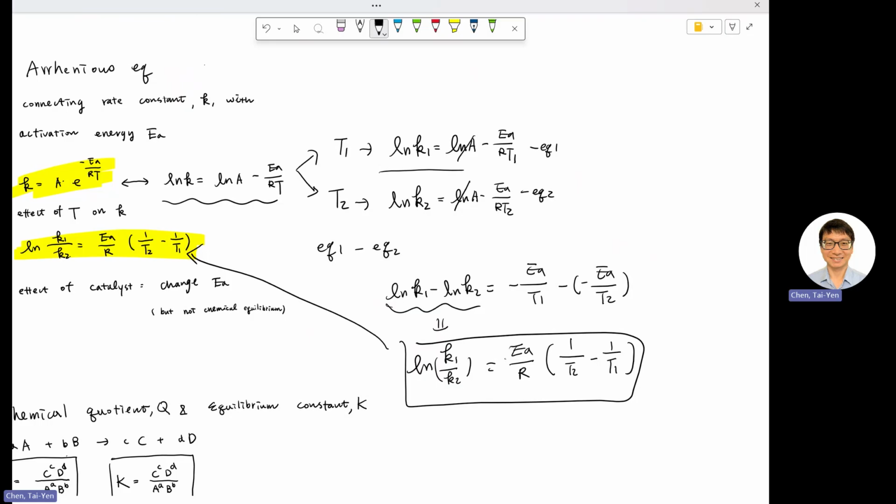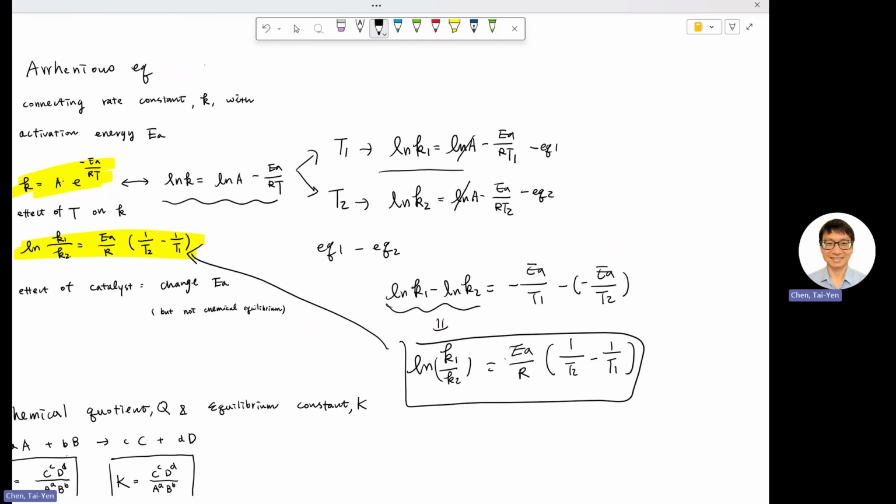One thing that students make mistakes on is that you need to pay close attention to the order. Here we write natural log k1 over k2, not k2 over k1. So it's k1 over k2. But the temperature is 1 over T2 first, minus 1 over T1.